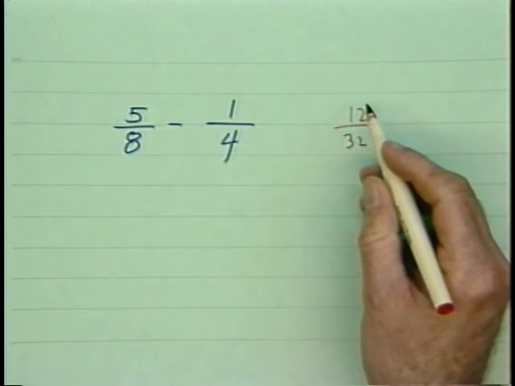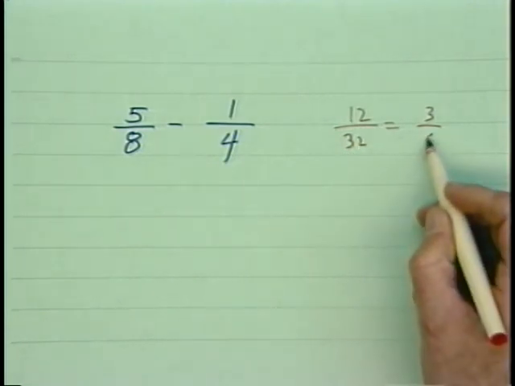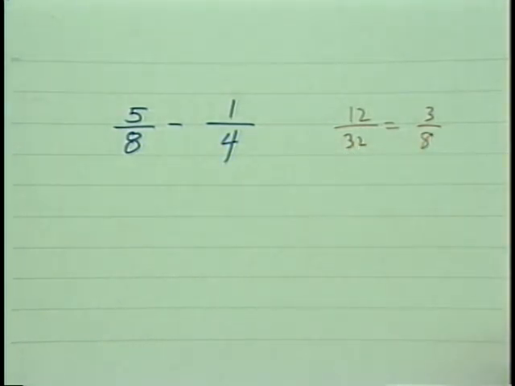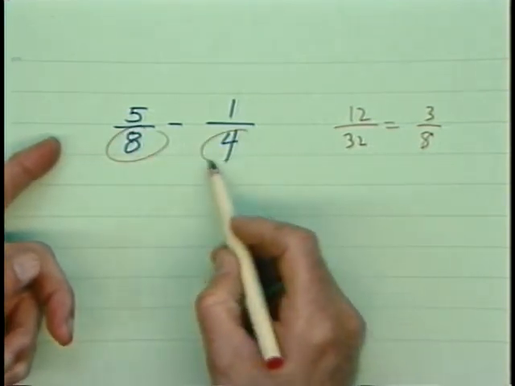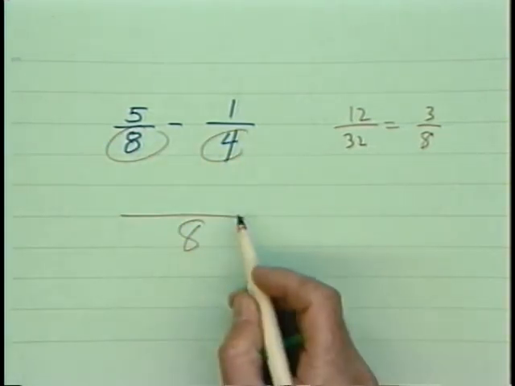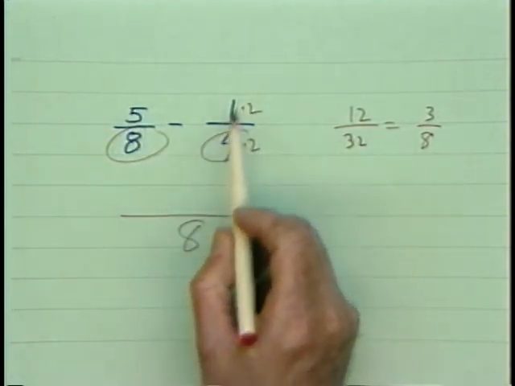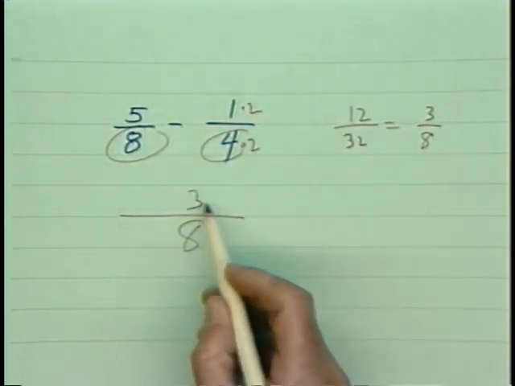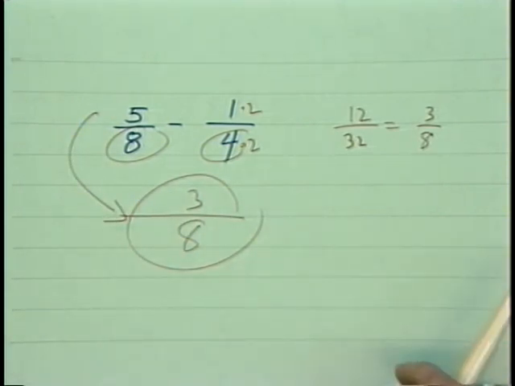I can divide top and bottom by 4, and that gives me 3/8. And it probably would have been just as fast to note that the common denominator here is quite obviously 8. And if I multiply top and bottom by 2, 5 minus 2 gives me 3. So in this case, this was perhaps a squidge faster.